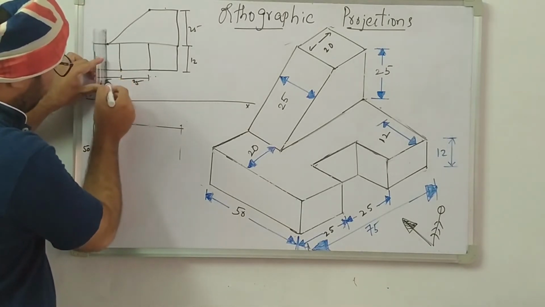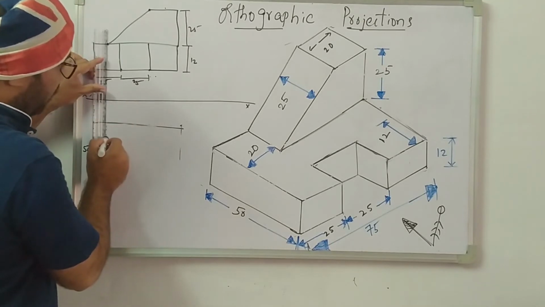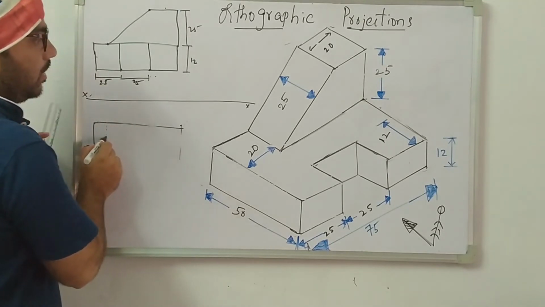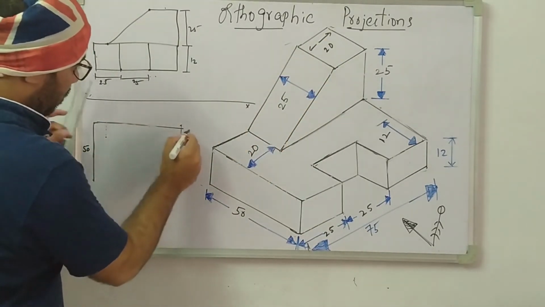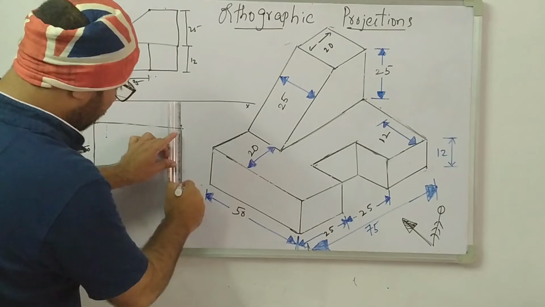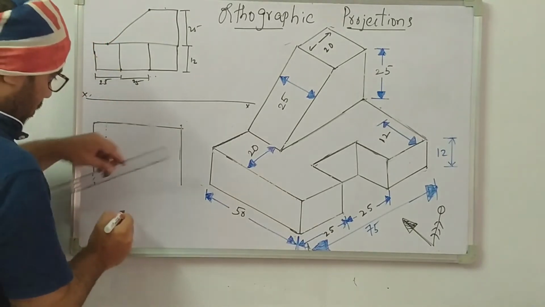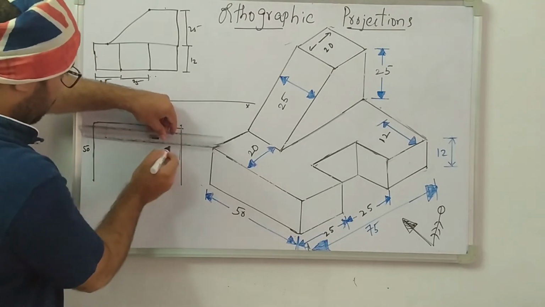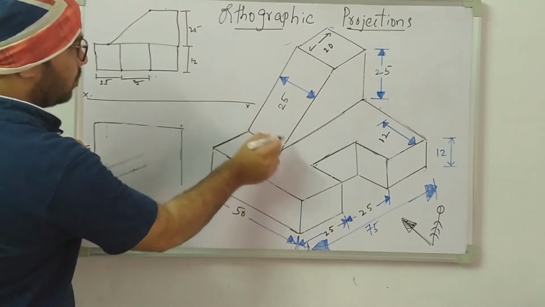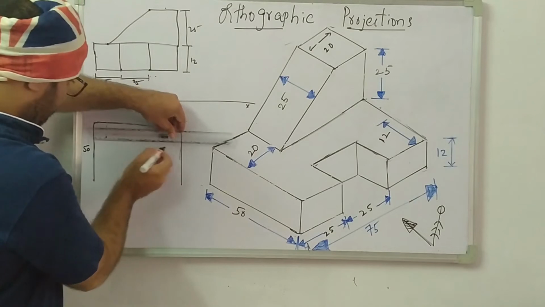Draw the projection line very lightly. From here onwards, simply draw a rectangle box. What length? This is also 50. I am finishing this 25 length, this 25 and up to this.